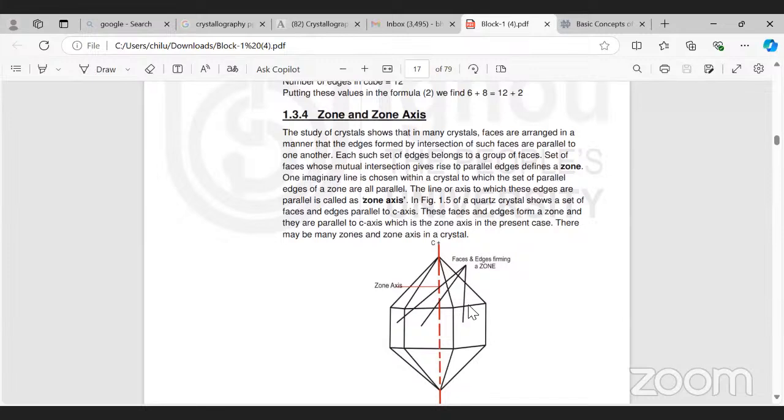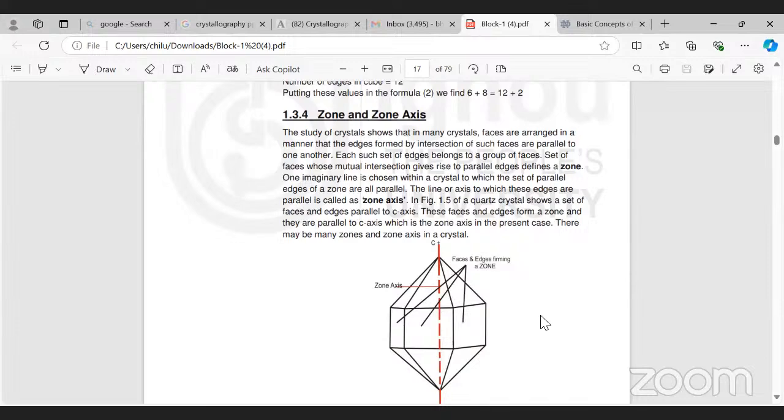Okay, zones and the zone axis. The study of crystals shows that in many crystals the faces are arranged in a manner such that the edges formed by their intersection are parallel to one another. Such a set of edges belongs to a group of faces. So faces whose mutual intersections give rise to parallel edges define a zone.